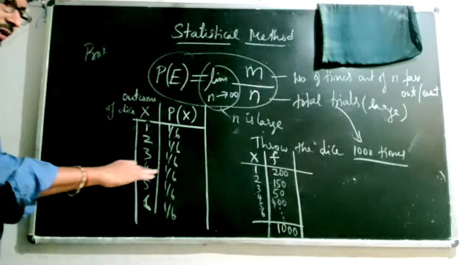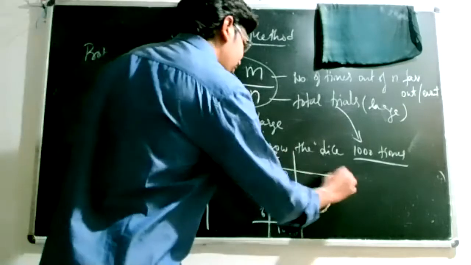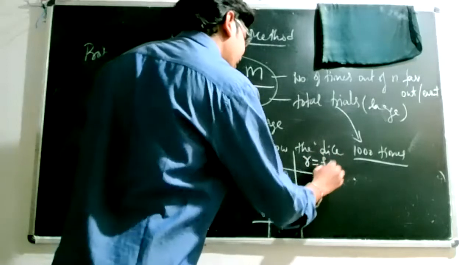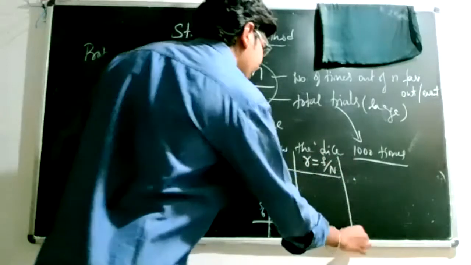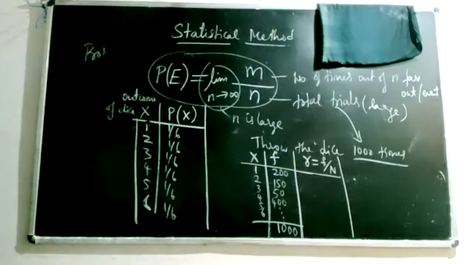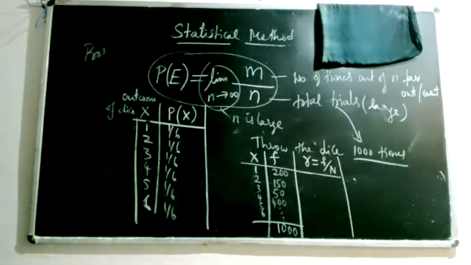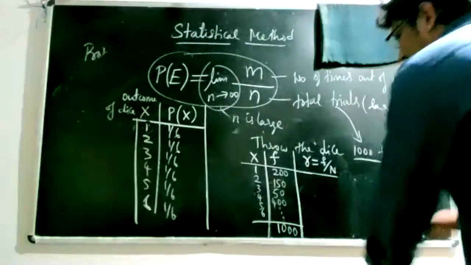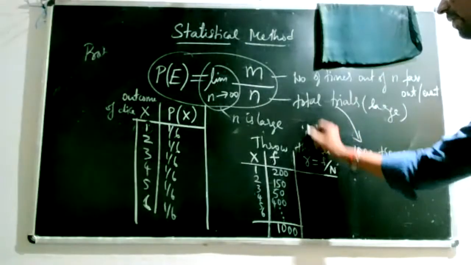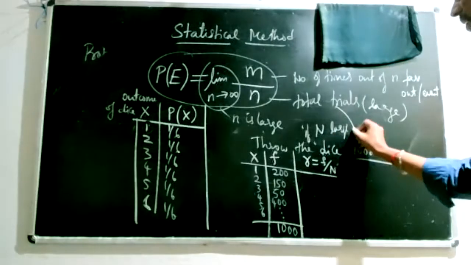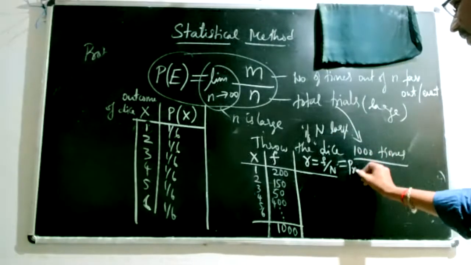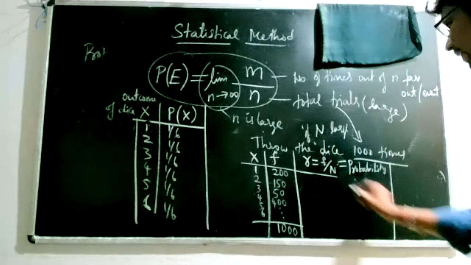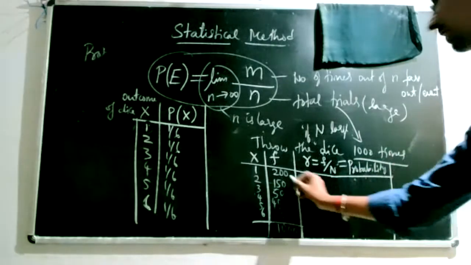Now convert this count into a proportion. One such proportion, which we have learned, is relative frequency. When you divide each frequency by the total n, we get relative frequency. Whenever n is large, you can take this relative frequency as probability, and this works very well in most practical cases.